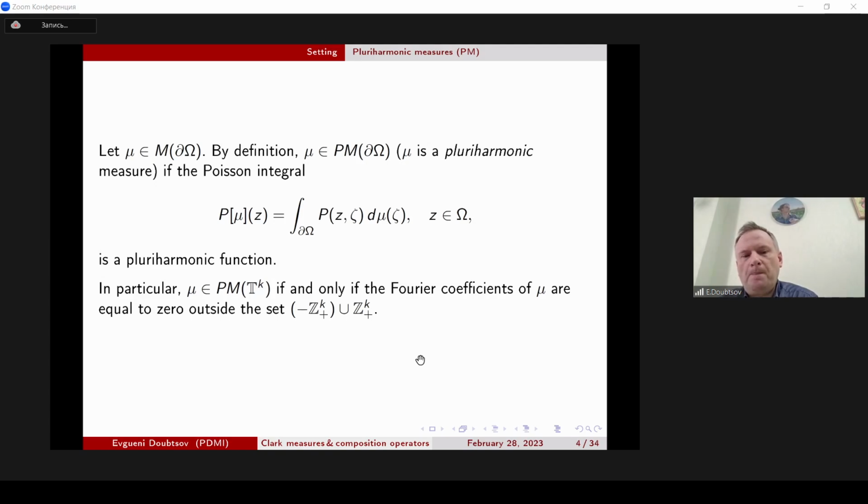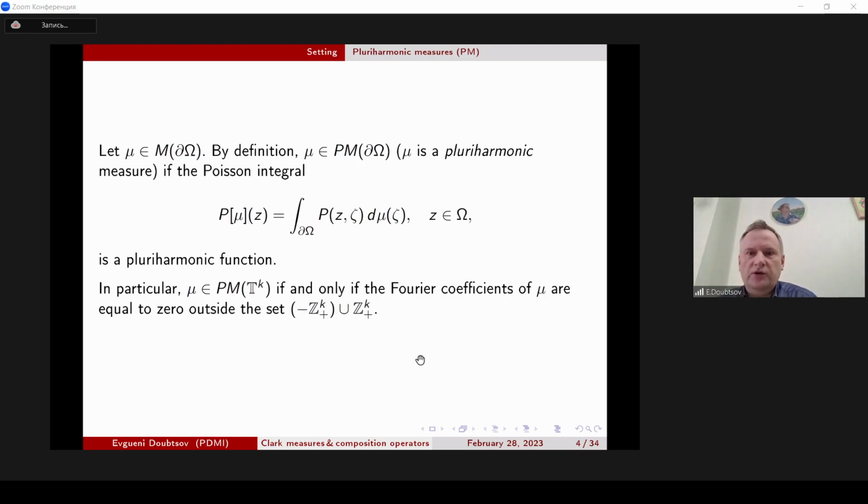Just to make sure that the word pluriharmonic is clear. In the unit disk, this is just a harmonic function, so there is no restriction at all. If we have several variables, then it means that this is the real part of a holomorphic function. So this is exactly why in the unit disk there is no restriction.